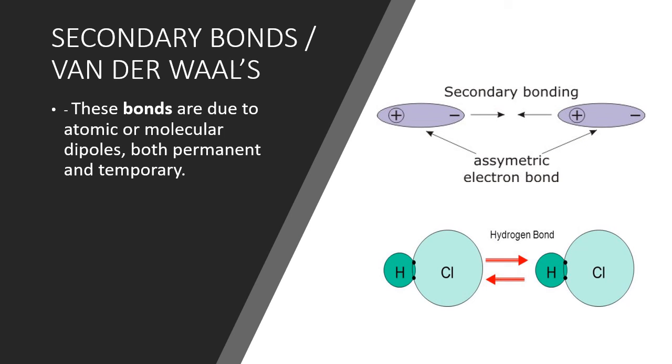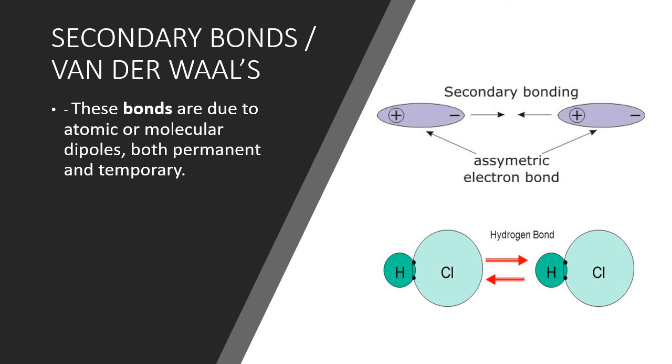The second main type of atomic bonding is the secondary bonds, also known as van der Waals. These bonds are very weak in comparison to primary bonds. They are formed in most materials, but their effects are often overlooked due to the strength of primary bonds.